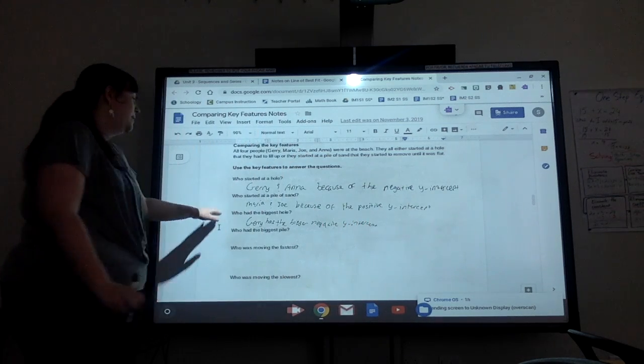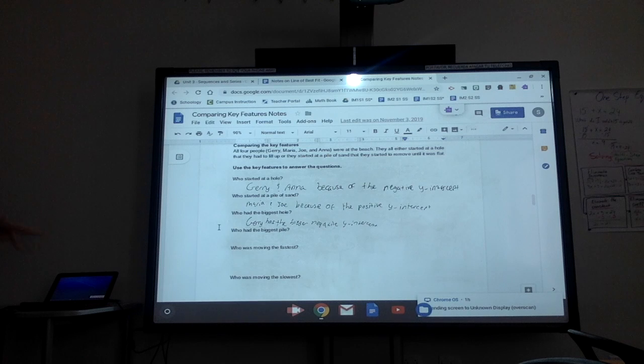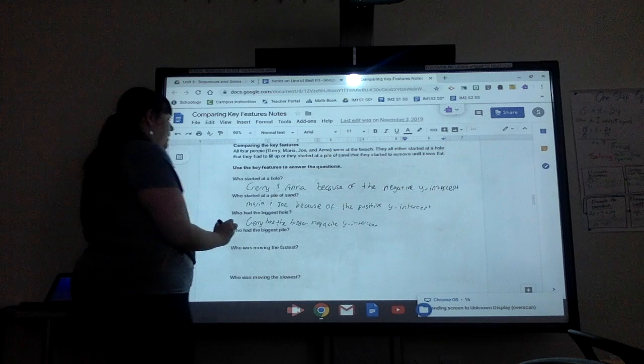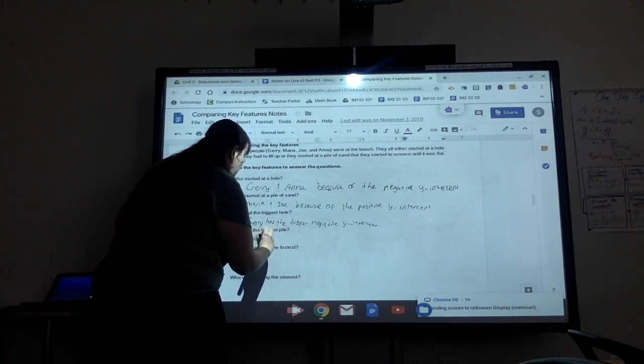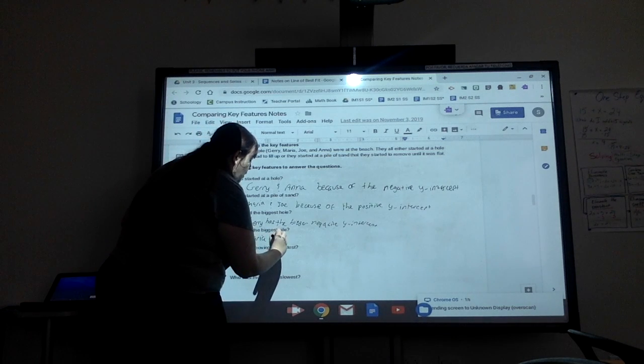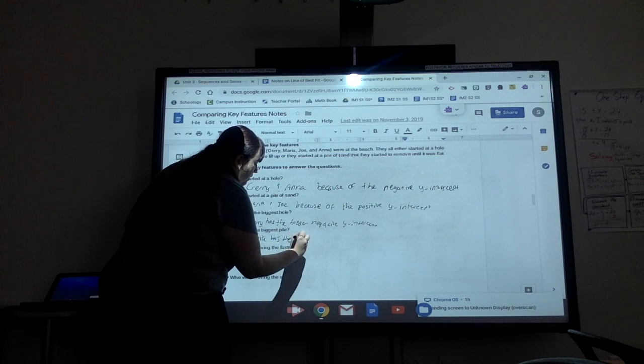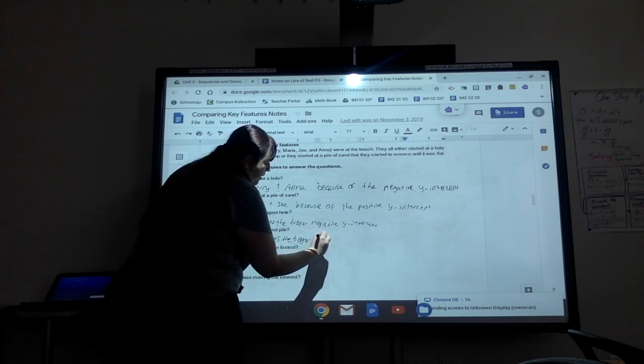And between the 2 people at the pile, Maria and Joe, who had the biggest pile when they started? Maria's was at 6 and Joe's was at 3. So Maria definitely had the bigger pile. I know that because she has the bigger positive y-intercept.